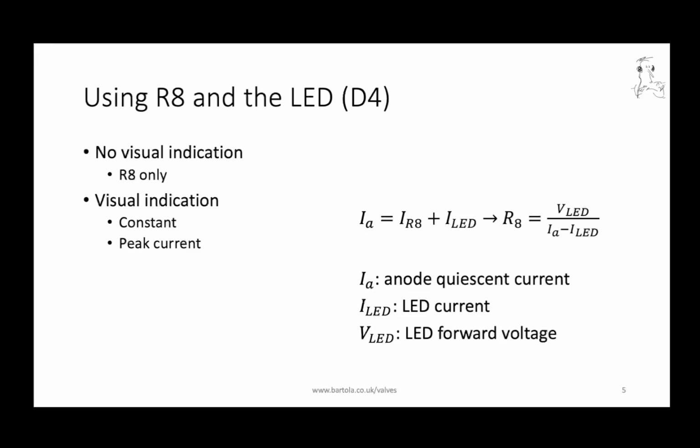So how do you calculate the values of the components? Very simply, on the right you will see the equations, straightforward. You know the LED only turns on once the voltage across the device exceeds a threshold, typically 1.8 volts to 2.5 or 3, depending on the type of LED and the color, of course.